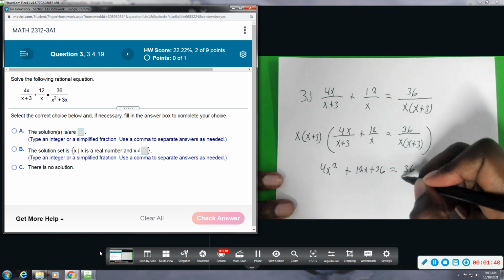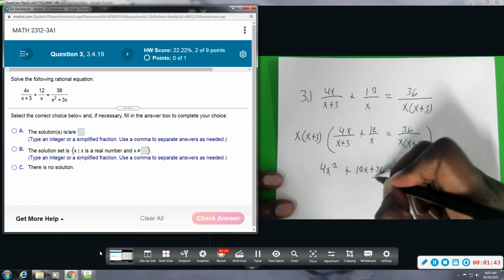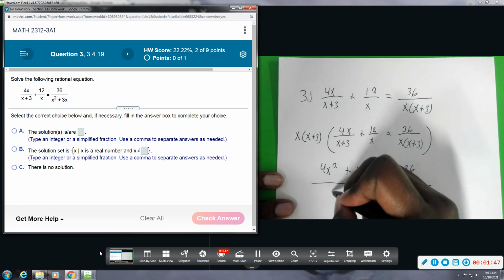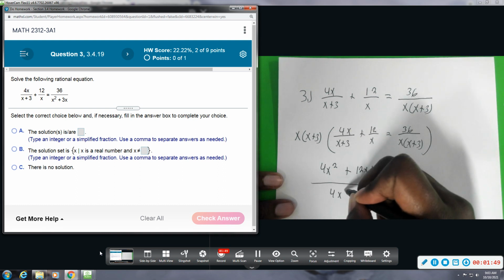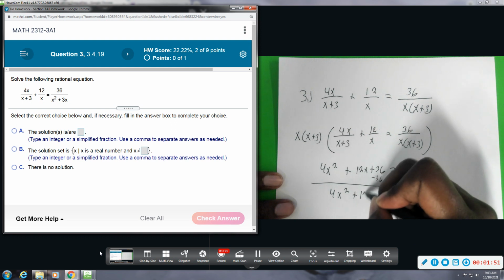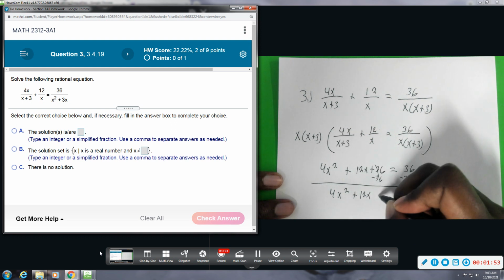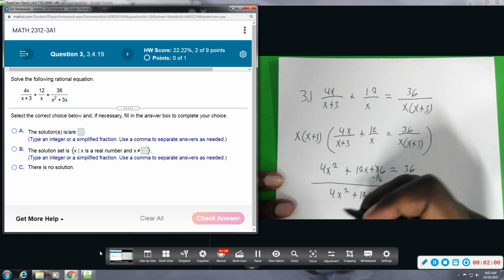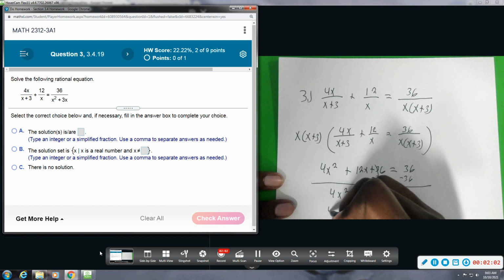Moving everything to one side, I would subtract 36 from both sides. That would leave us with 4x squared plus 12x, 36 will go to 0, equals 0. From here, we will just factor out a 4x from both terms. So factor out a 4x.